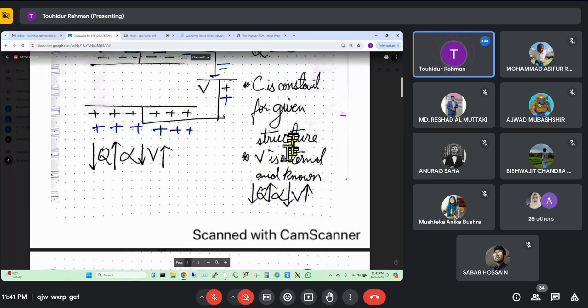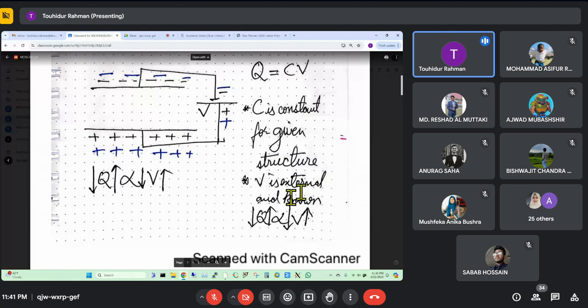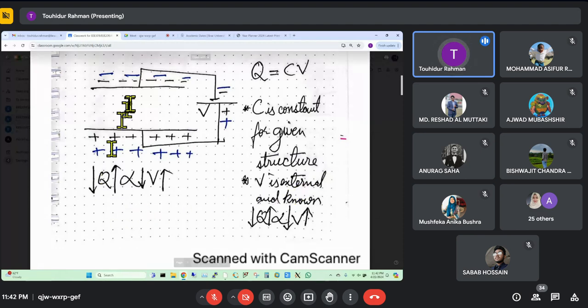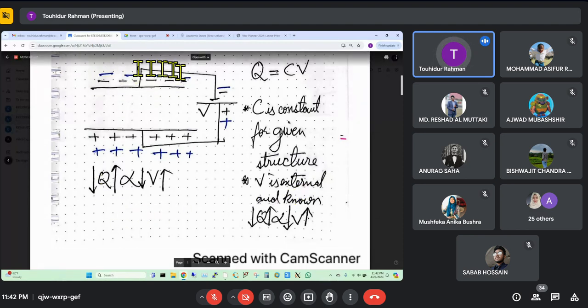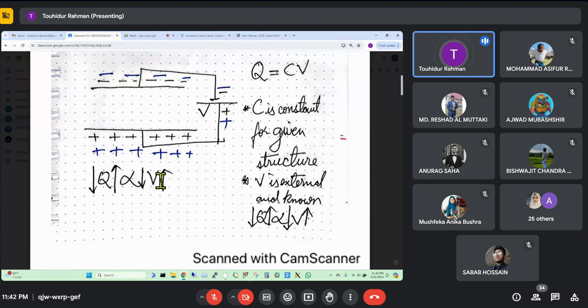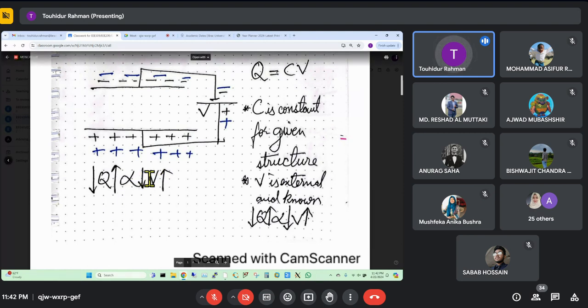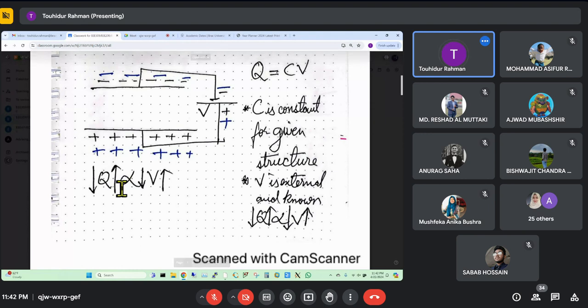So in summary, we can say that the Q charge, the total charge on each of the plates, is directly proportional to the voltage and also exactly identical in sign to the voltage. If the voltage is positive, charge will be positive. If the voltage is negative, charge will be negative.